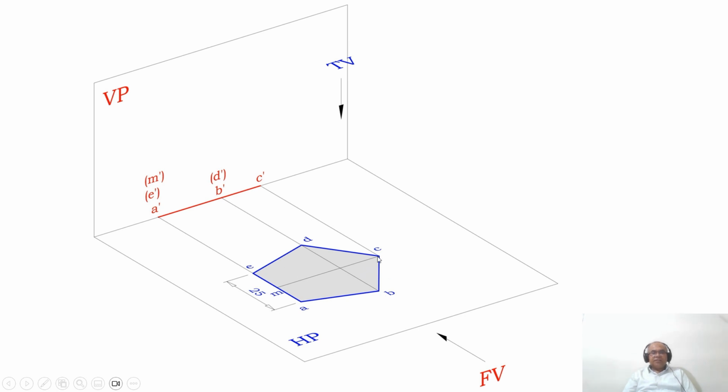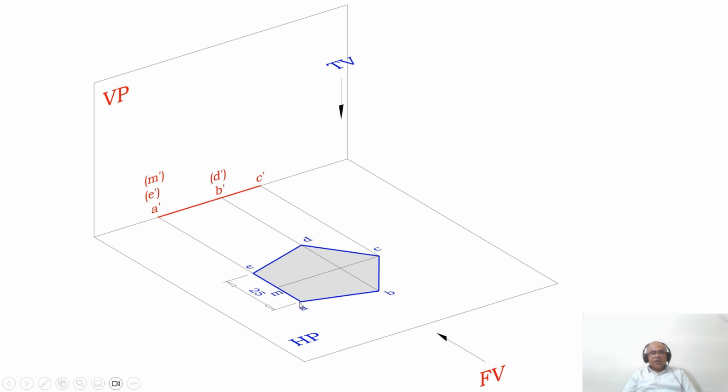And one of the perpendicular bisectors, which is the perpendicular bisector from the corner to the opposite edge, only CM is the perpendicular bisector which is parallel to VP. If you consider any other perpendicular bisector, that is from A to the midpoint of CD, again that line is going to become inclined. Similarly, B to the midpoint of DE is inclined to VP, and D to AB.